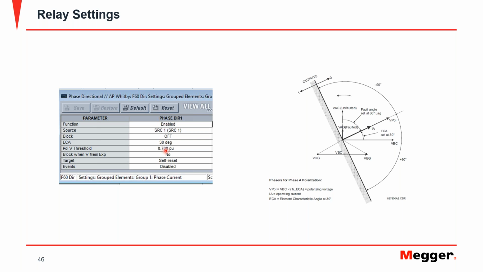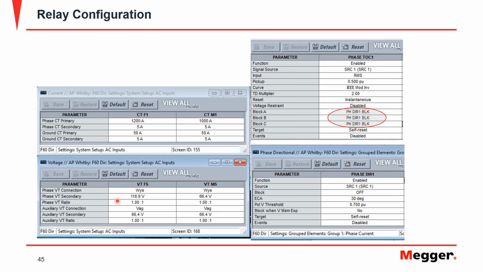What this is telling me is that I cannot test the directional element on this relay unless I inject a voltage that is at least 0.7 of the per unit value of the relay. So you have to go to the relay, see what the secondary of the VT is set at, and you have to test with that voltage, or at least with a voltage higher than 70% of that. Otherwise, you will not get a trip.